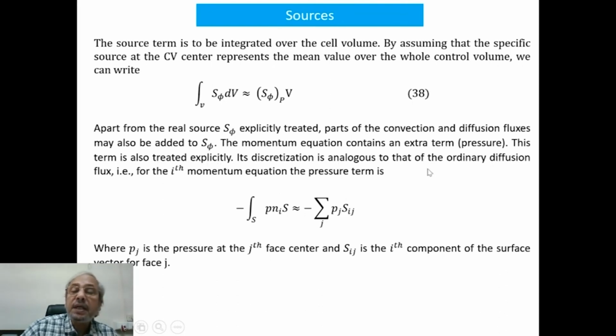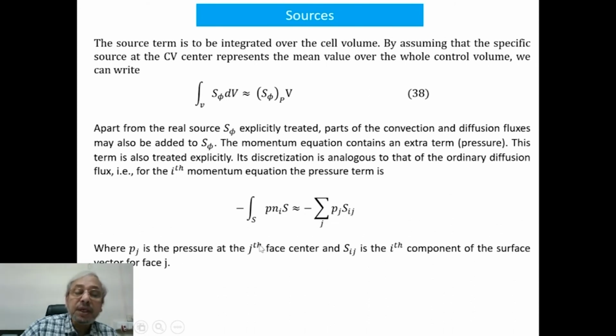Its discretization is analogous to that of the ordinary diffusion flux, that is for the ith momentum equation, the pressure term can be written as P Ni S integrated over S surface, and then for all the confining surfaces we can write summation of Pj Sij minus summation of Pj Sij.